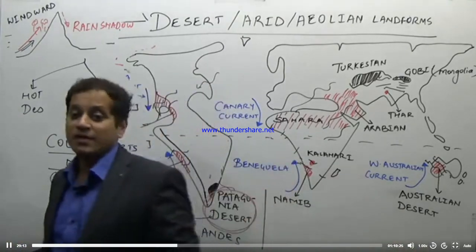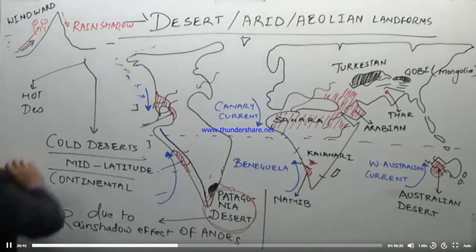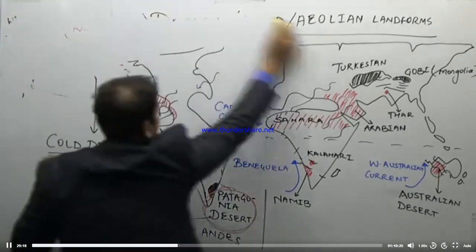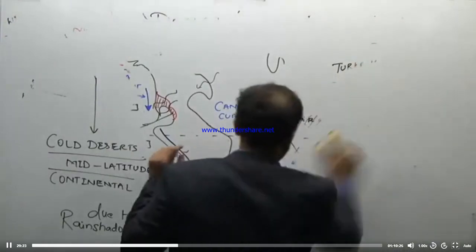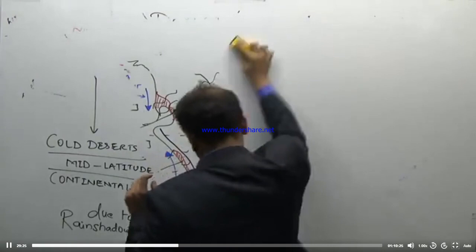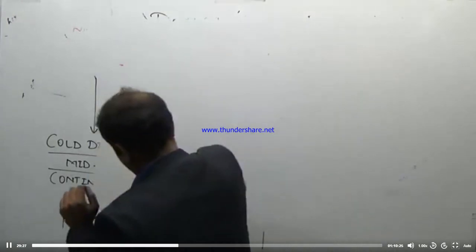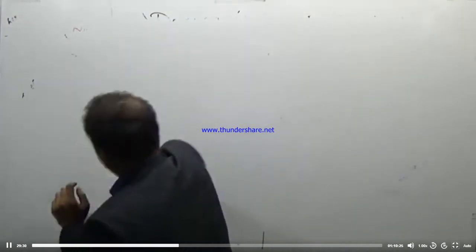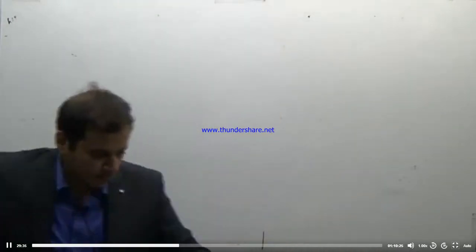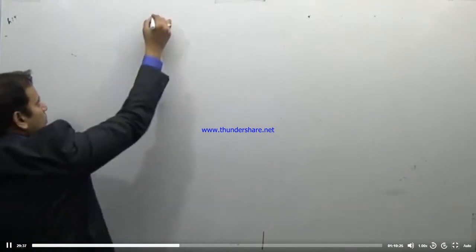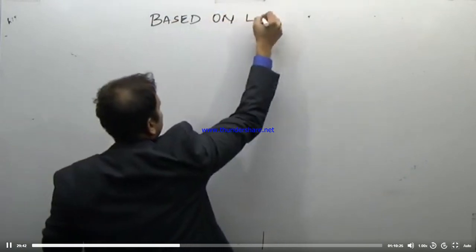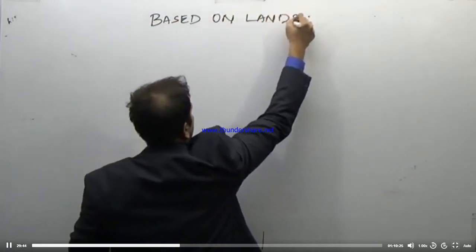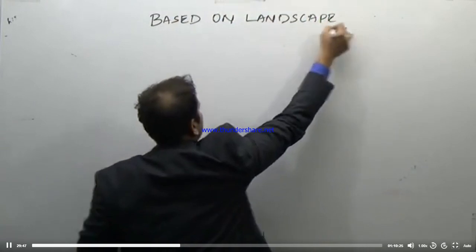So the types of the desert landscapes are based on landscape. That is, how does the land look like?